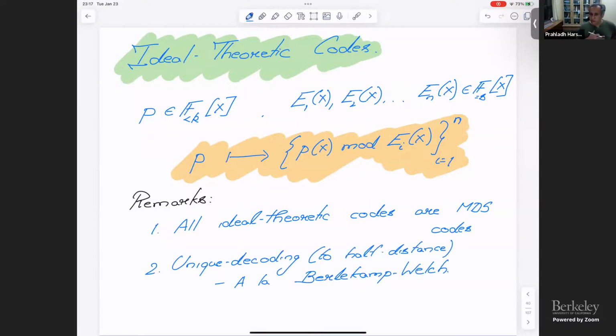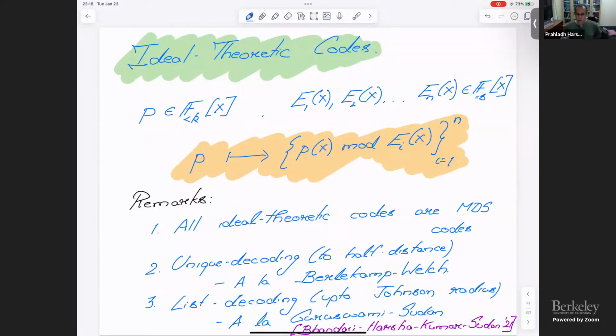And the entire framework that Mary talked about in her first two lectures, in particular the unique decoding up to half the distance, a la Berlekamp-Welch framework, extends almost straightforwardly to this setting. The verbatim same algorithm works for all these ideal theoretic codes, no matter which E1, E2, ..., En you choose.